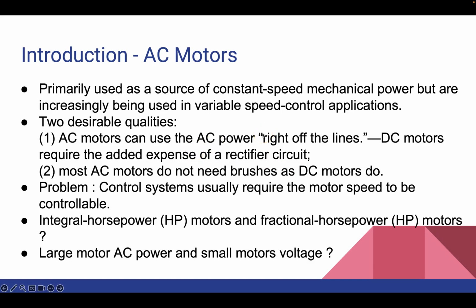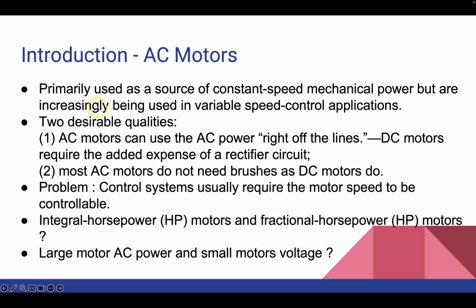Unlike DC motors, AC motors operate by applying AC power to the motor's stationary field windings. The rotor then rotates through electromagnetic induction, eliminating the need for brushes, which are a common source of maintenance in DC motors.